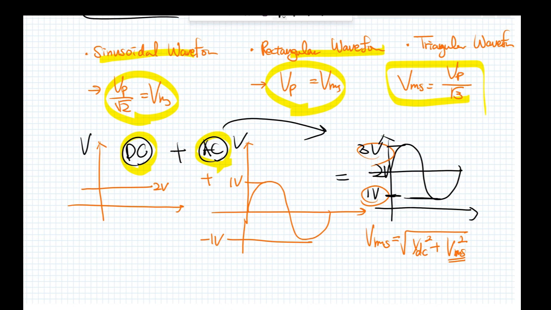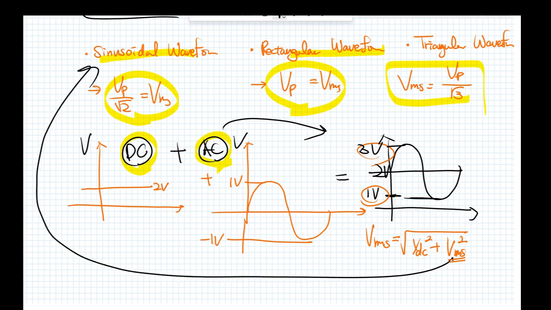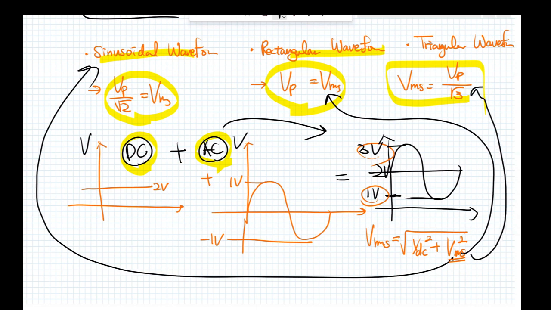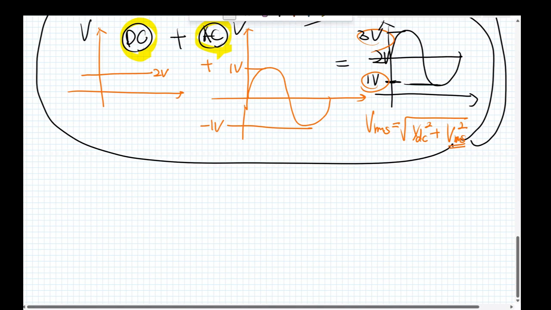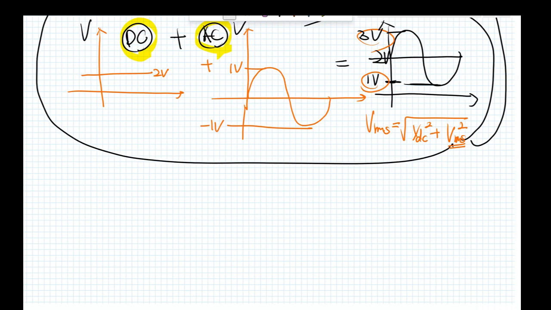So V sub RMS depends on the type: sometimes a sinusoidal waveform, sometimes rectangular, sometimes triangular waveform. We can calculate it. All right. Any questions? Okay. All right.